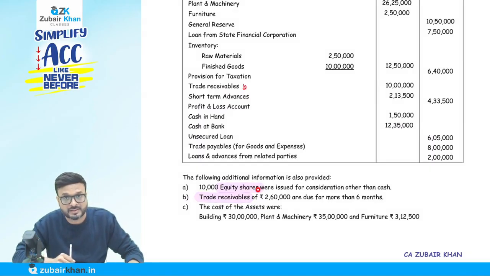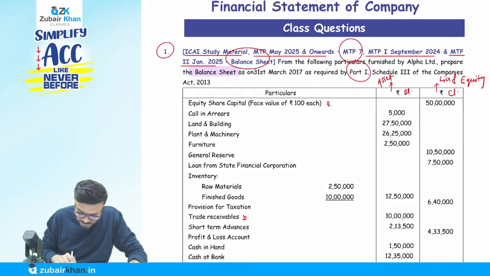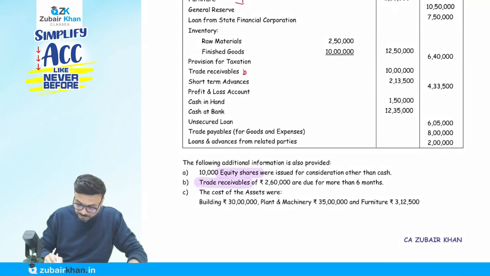Now the cost of the assets: building 30 lakhs, plant and machinery 35 lakh, and furniture 12,500. So something about these items of property, plant and equipment is mentioned in point C, related to the cost of the assets.